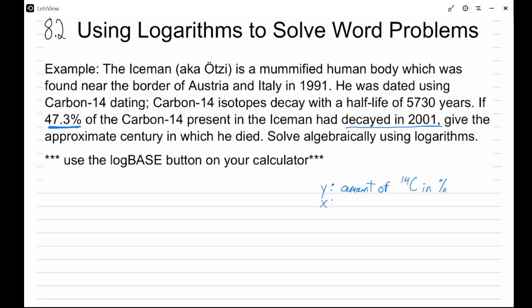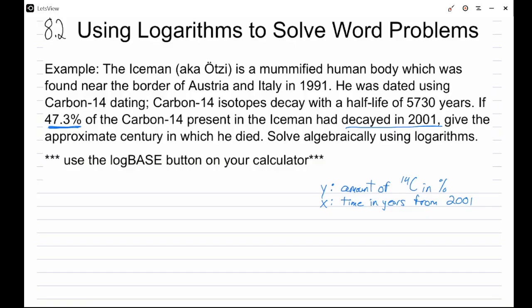And then I'm going to set up my x to be time in years from 2001. You can, of course, set this up to be the time in years from the time that the Iceman died. We're going to get the same answer. We just have to think a little bit more about if our x's are going to be positive or negative.